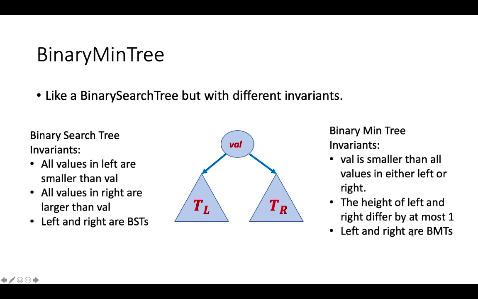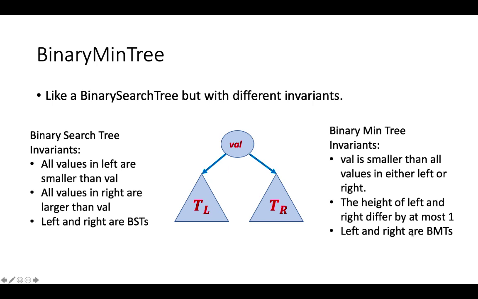Using that insight, we posited that we could be more efficient, or at least more guaranteed about our efficiency, if we created what's known as a binary min tree, where the invariants are different. The invariants help us with a priority queue, where we're only looking for the smallest item, and we have a queuing discipline where the lowest priority is the next one out.